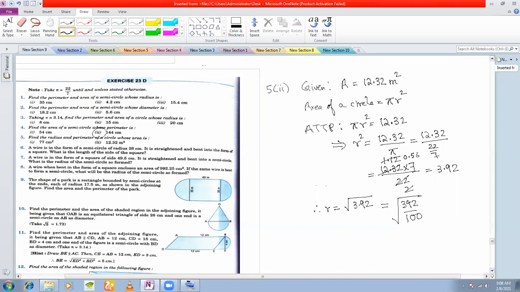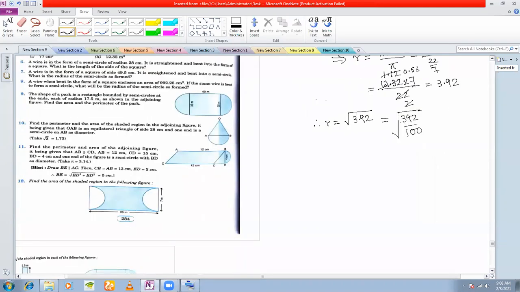Now how do I find out the square root of 3.92? I first write it as a fraction, 392 by 100. And I try to prime factorize 392.